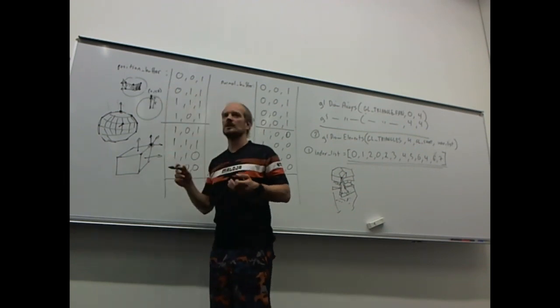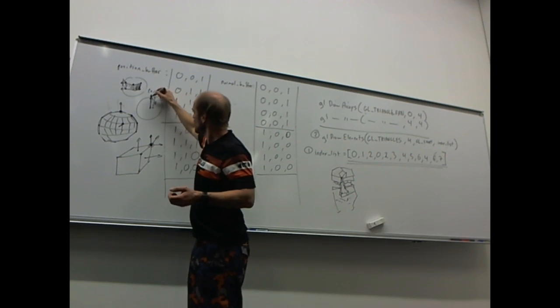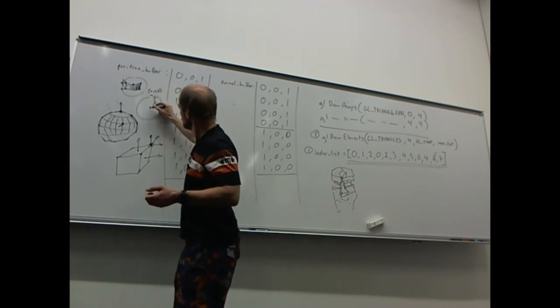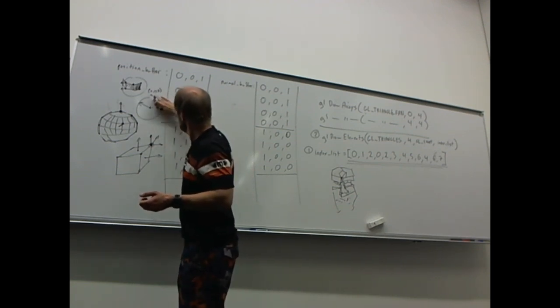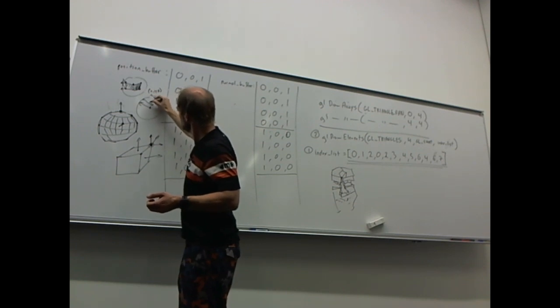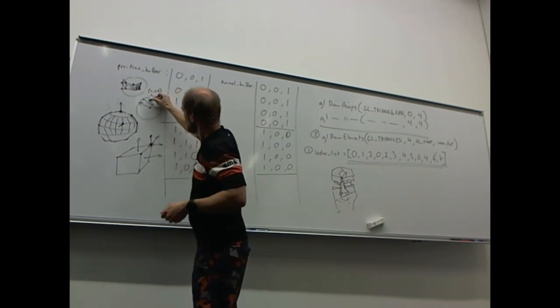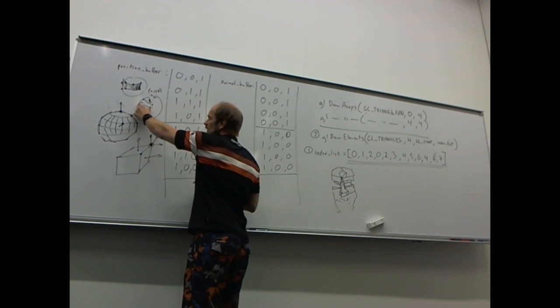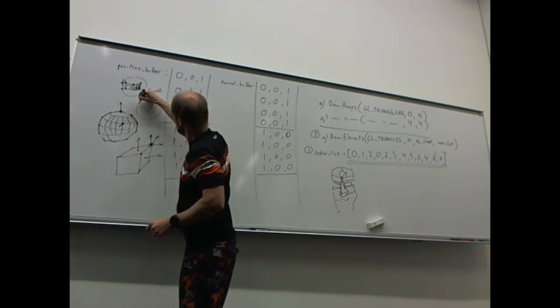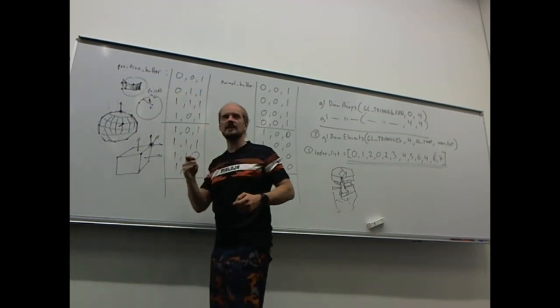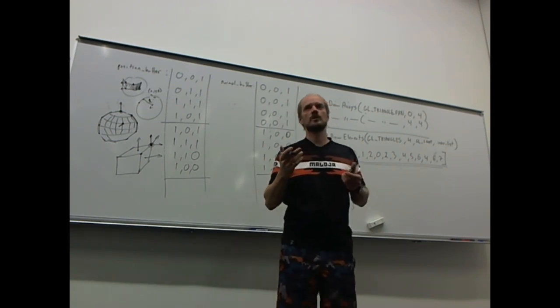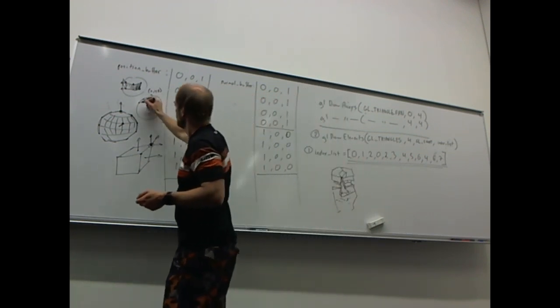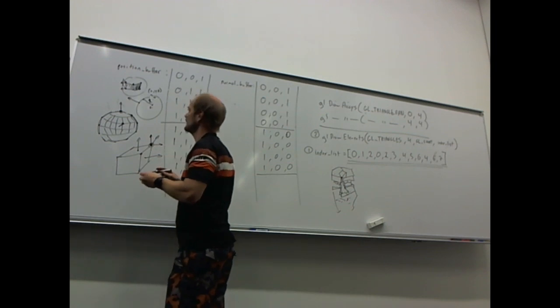The normal to that particular place, the radius being 1, has exactly the same values as the position, right?